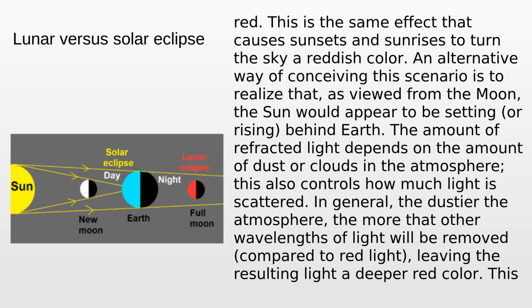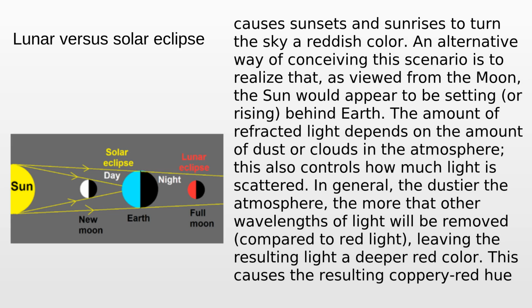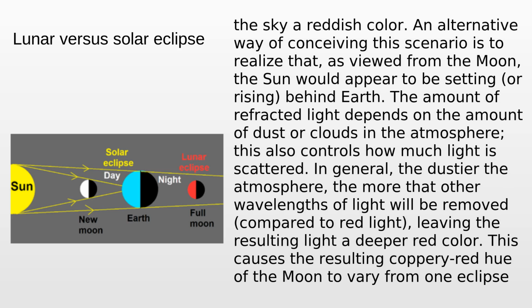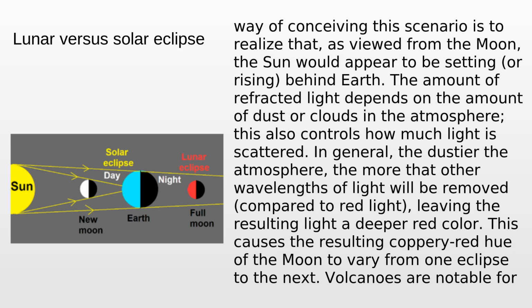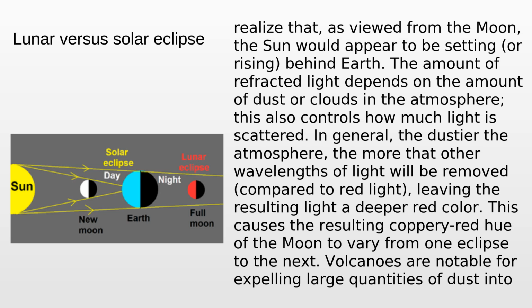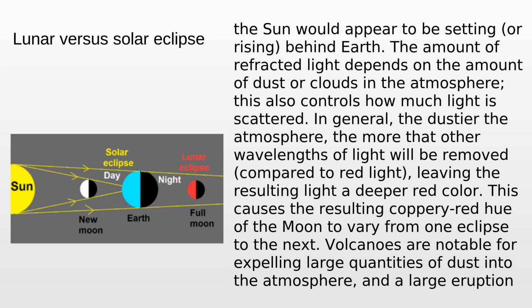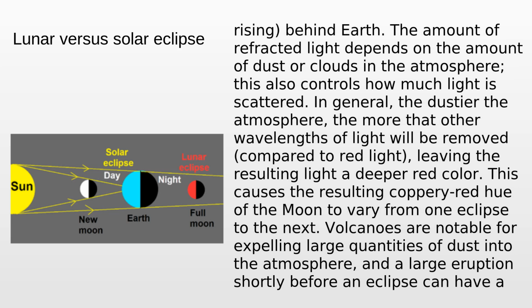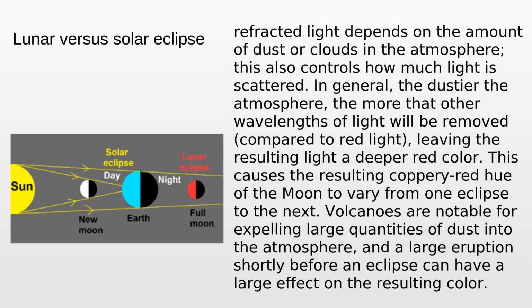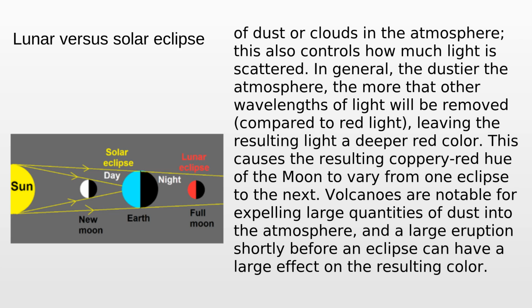An alternative way of conceiving this scenario is to realize that, as viewed from the Moon, the Sun would appear to be setting, or rising, behind Earth. The amount of refracted light depends on the amount of dust or clouds in the atmosphere. This also controls how much light is scattered.